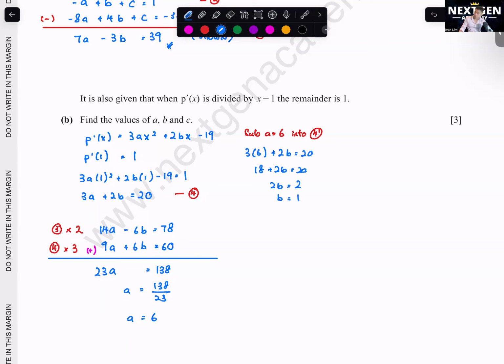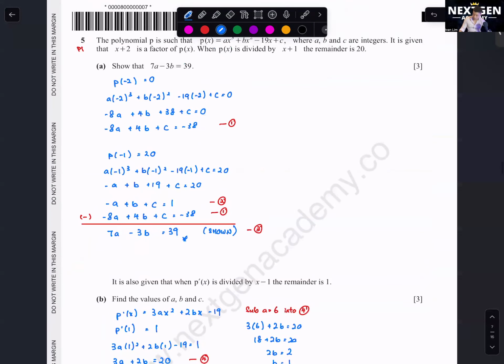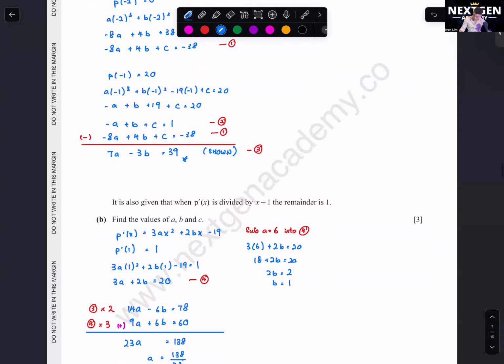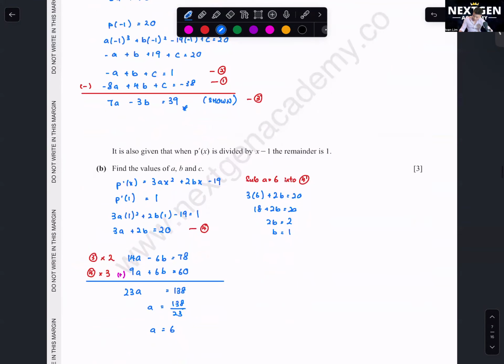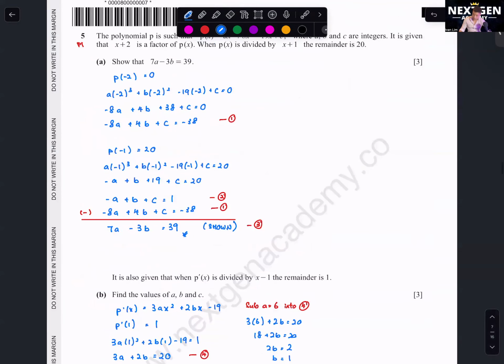Okay, and the final one. We got a, b. Now let's choose which one is the easiest equation. Sub b equals 1. Actually, sorry, it matters. We want to find c. I will choose this one: minus a plus b plus c equals 1.